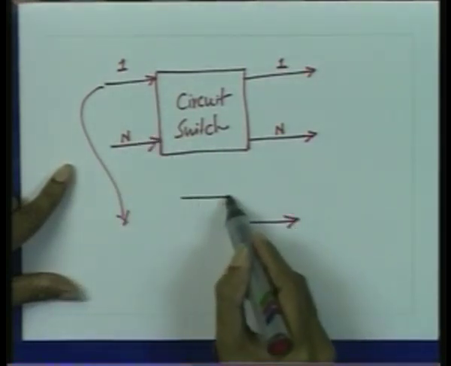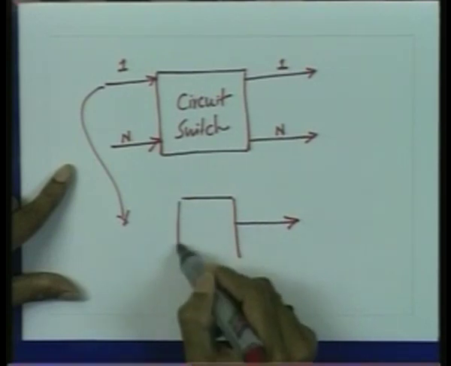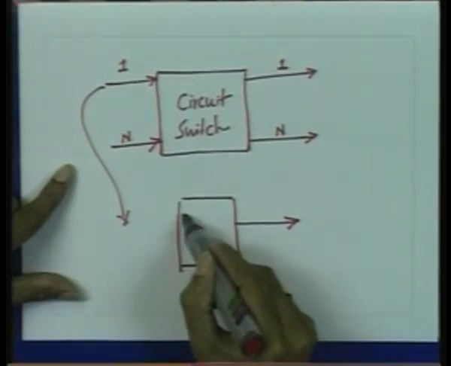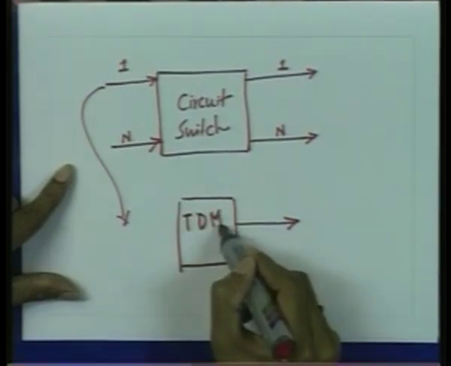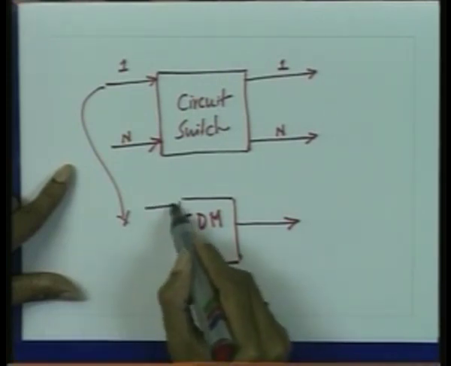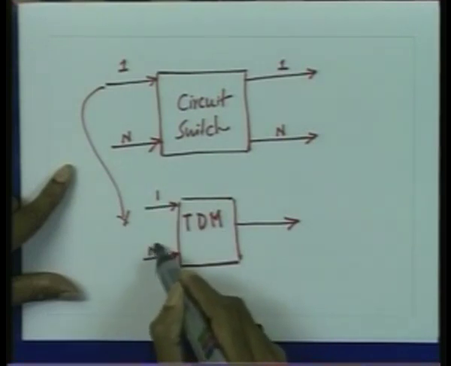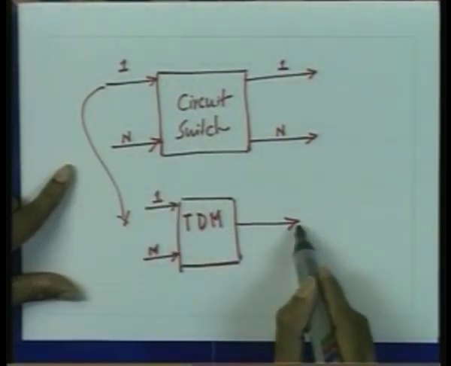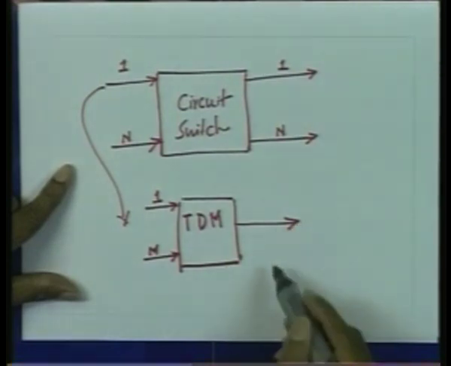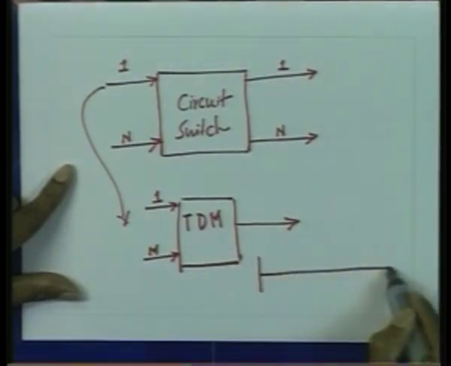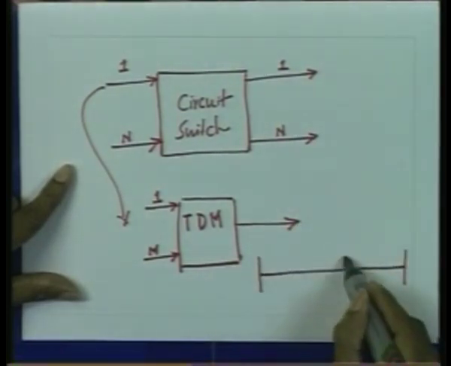This itself could be a TDM multiplexer, a time division multiplexer, multiplexing, let us say, 1 to m input ports. Typically on this input port, the time axis will be divided into a frame.